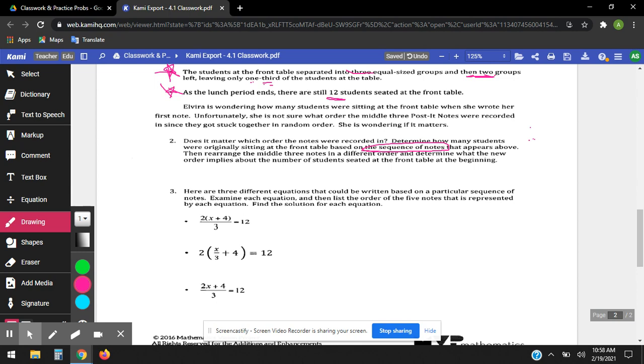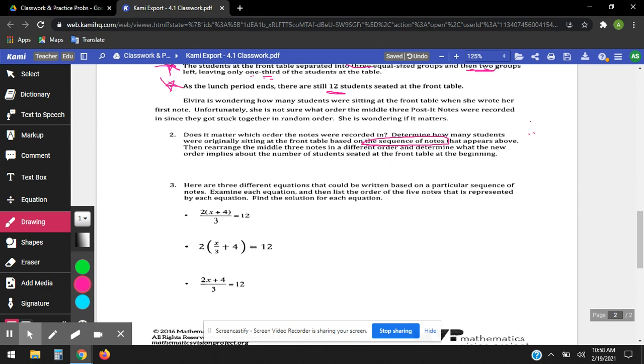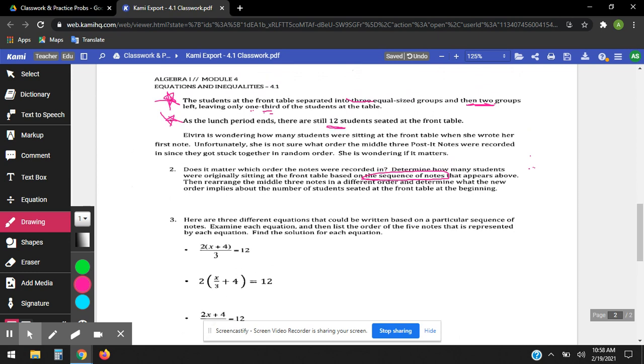All right, so we'll do pink for the first one, sequence in order. So again, we have to work backwards as we're doing this. So we start with 12 students, and they were split into three different groups. So we probably should multiply that by 3, right?